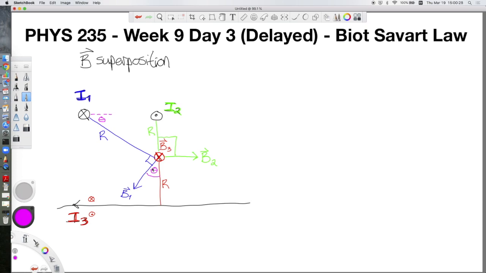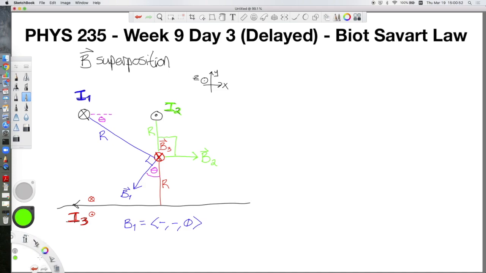So we know a few things at least from this. If we use our standard coordinate system with x positive to the right, y positive up, and z positive out of the board, then we can say that B1 will have a negative x component, a negative y component, and 0 z component.